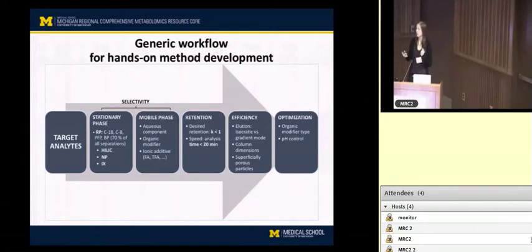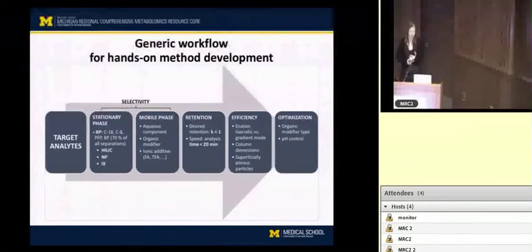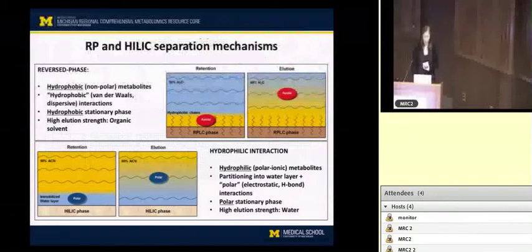And then we can also do some fine-tuning in terms of efficiency. For example, move towards smaller particles or core shell particles, as they're called, or move to longer columns, switch out one organic modifier for another, and do some optimization as far as pH control is concerned.